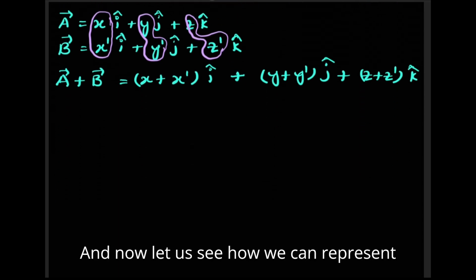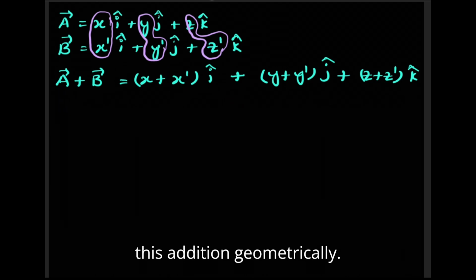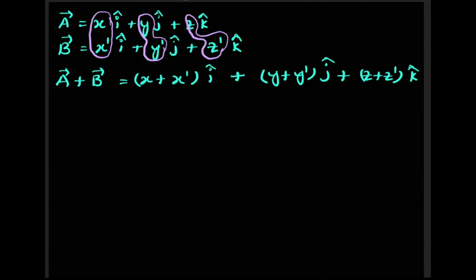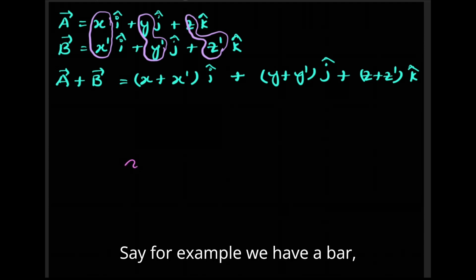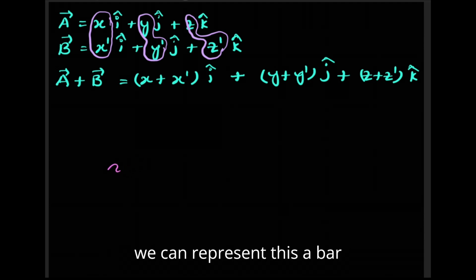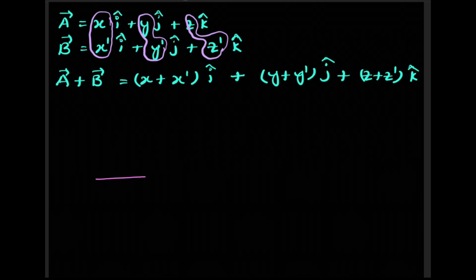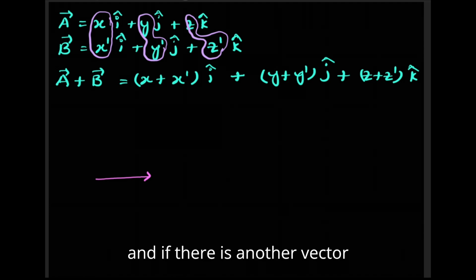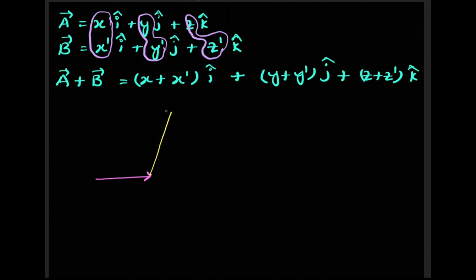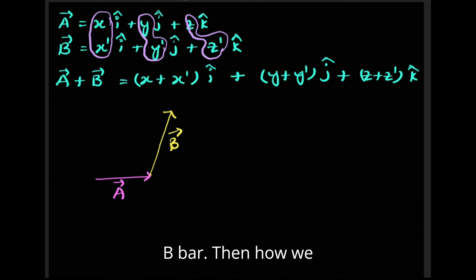And now let us see how we can represent this addition geometrically. Say for example, we have a bar. We can represent this a bar like this geometrically, and if there is another vector b bar, then how can we sum up these two vectors?